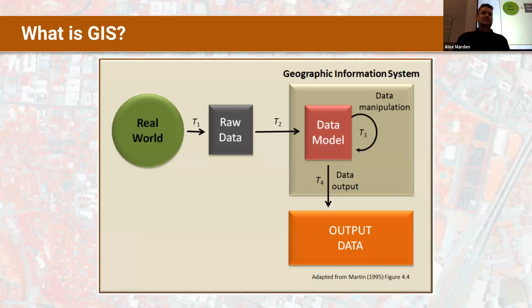And so those data models, if you're familiar with GIS, are vector and raster. We're going to get into that in just a second. But then what the GIS allows you to do is perform data manipulation on those data models, which can run from pretty simple, like coloring the map the way you want it, to running complex spatial statistics and other analyses to get your output data.